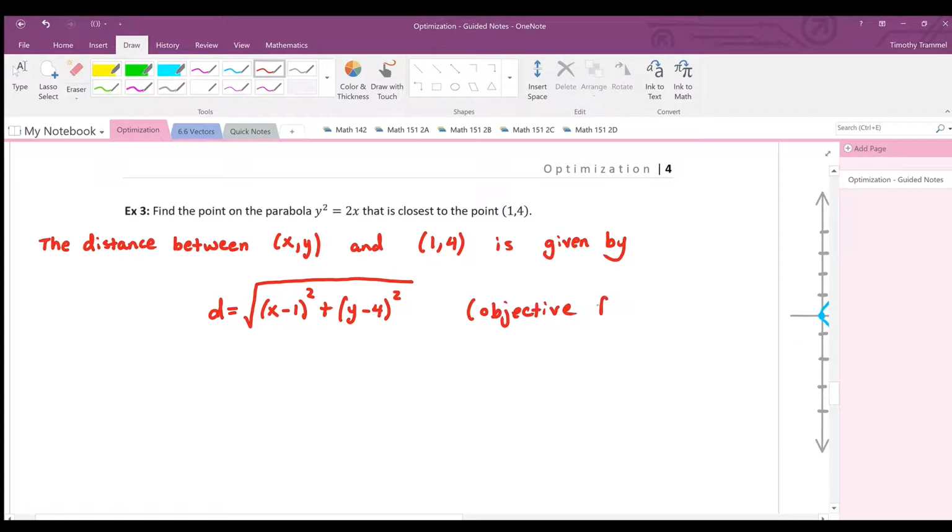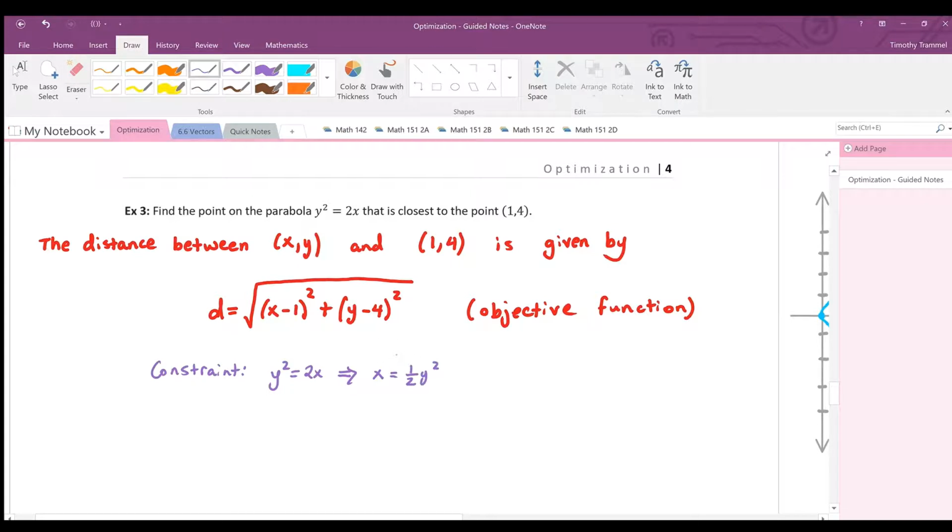Well, our constraint is that we are on the curve y squared equals 2x, or equivalently x is equal to 1/2 y squared.